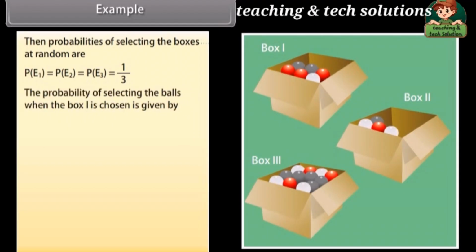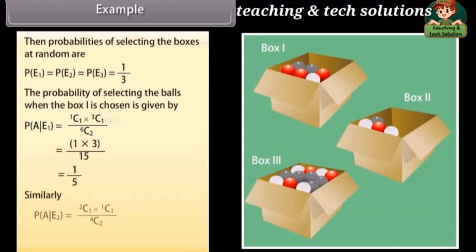The probability of selecting the balls when box 1 is chosen is equal to 1C1 into 3C1 by 6C2, which is equal to 1 into 3 by 15, which is equal to 1 by 5.